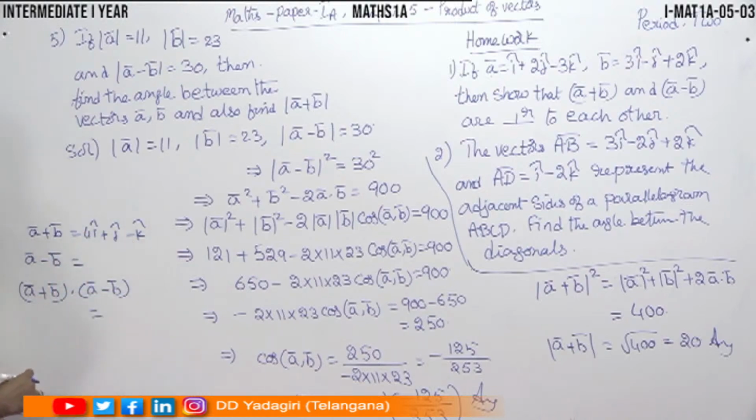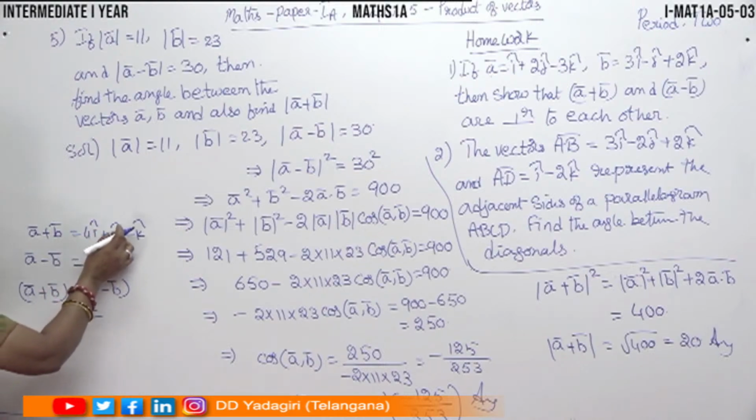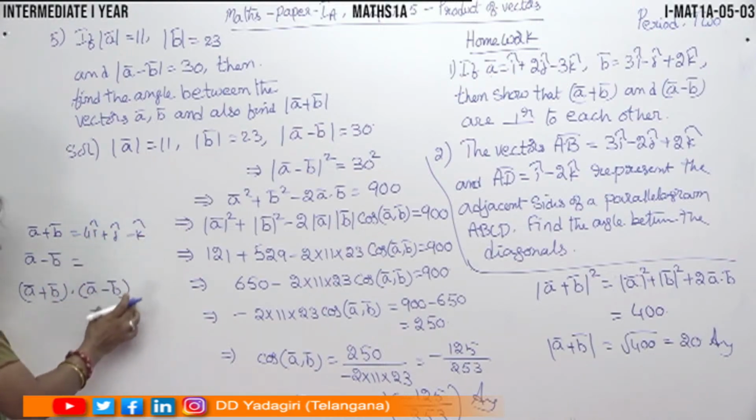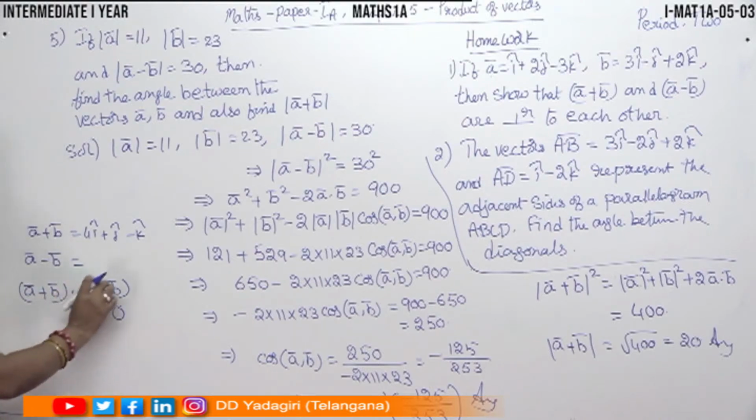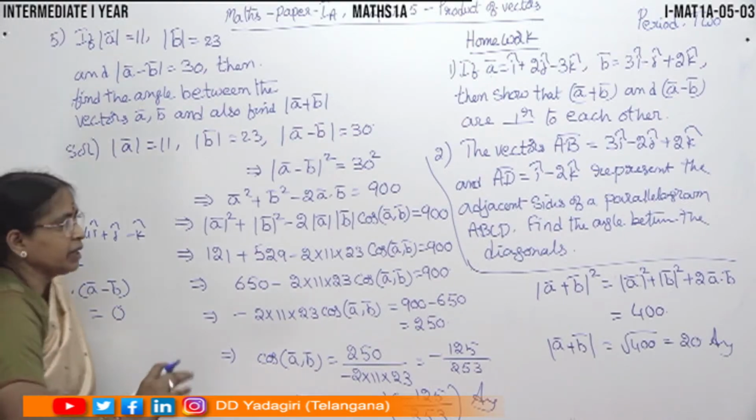When you multiply the i coefficients, j coefficients, k coefficients and add, you will get 0. So you will say that A plus B is perpendicular to A minus B.